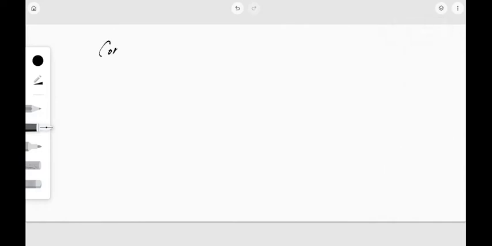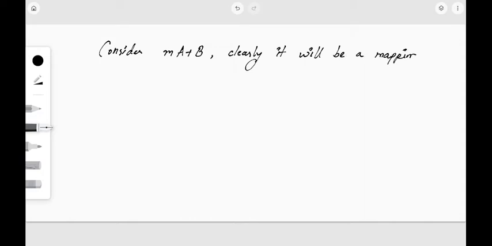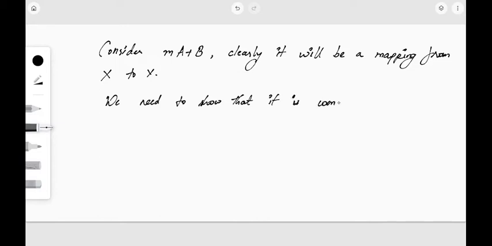Now consider mA plus B. Clearly it will be a map from X to Y, there is no doubt in that. We need to show that it is compact.